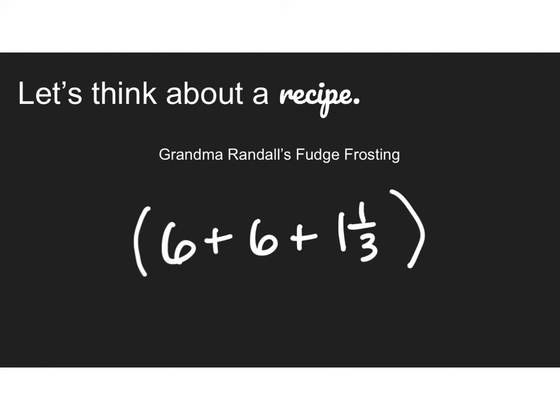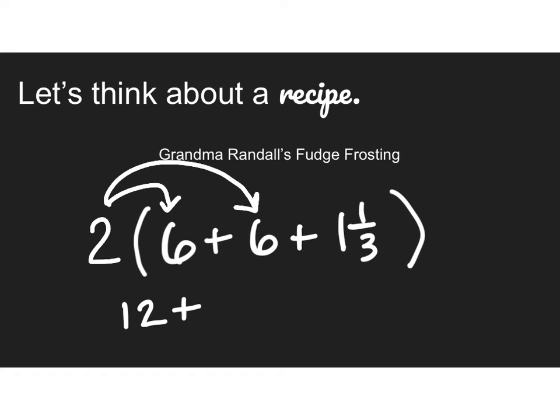However, if I wanted to make 2 batches of this delicious frosting, that would look a little bit different. I would need to multiply every single ingredient by 2. So 2 times 6, I would need 12 tablespoons of butter. I would also have to double the milk.